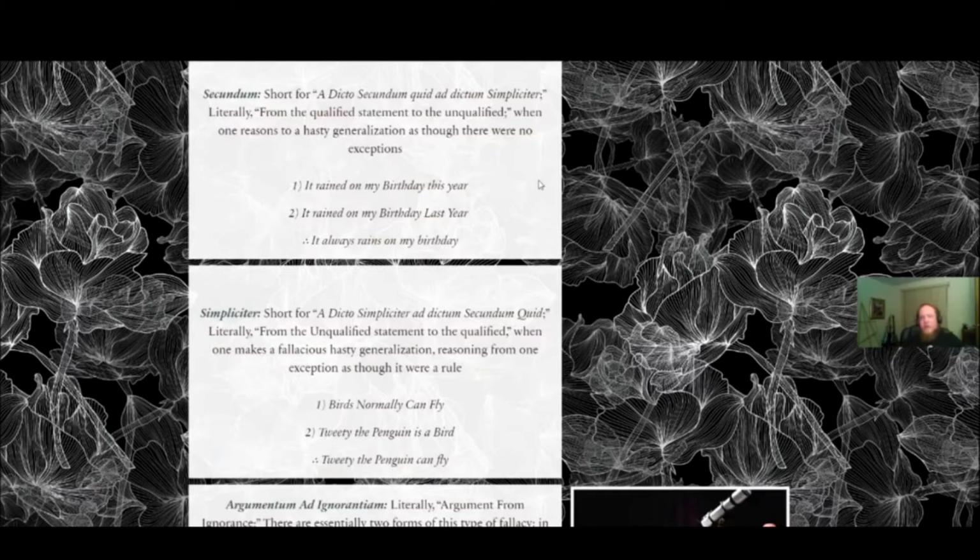Tweety the penguin is a bird. Hint. Penguins don't fly. So I say Tweety the penguin can fly. No, Tweety the penguin cannot. Because penguins are birds. Not all birds can fly, but I've already said birds can normally fly, so, well, because birds do that, then this bird must be able to do that, so that's what all birds do, right? So this bird should be able to fly. Doesn't work here, and the fallacy is the simplicator fallacy.